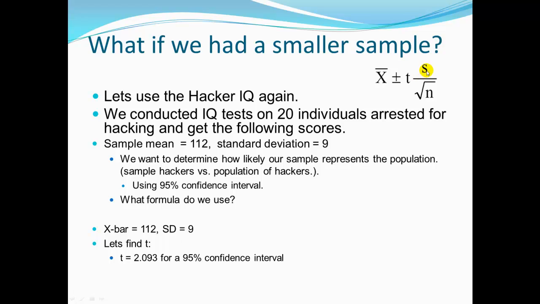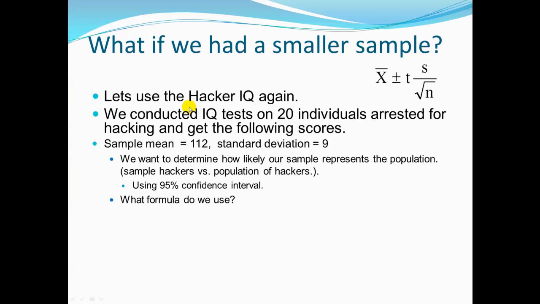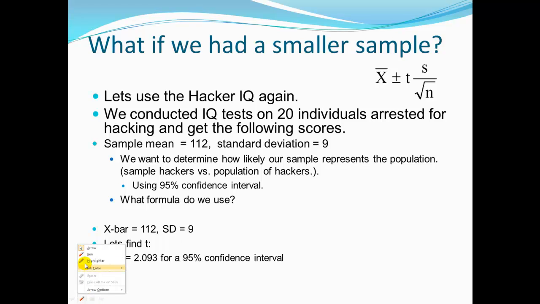Divide that, or n divided by that, which gives us a standard error of 2.02. We then multiply that value by our 2.093 here, which would eventually give a result of 4.23.